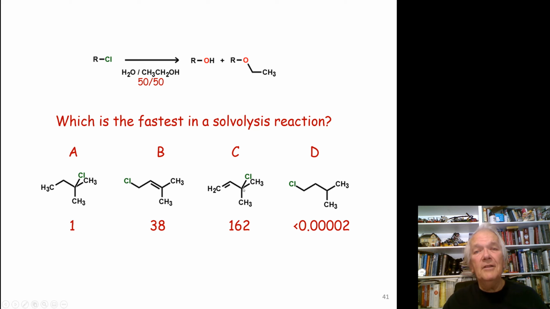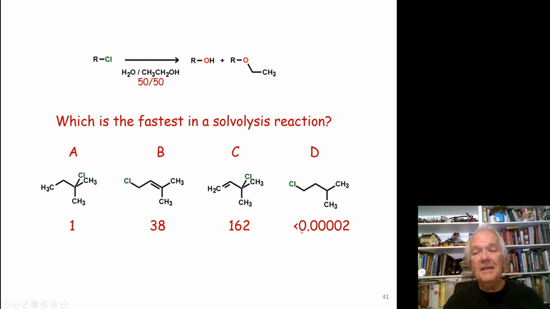So this carbon is all set to do solvolysis. It's tertiary, but it's also allylic. And so if you look at it, it's 162 times faster than simple tertiary. The interesting thing is this one over here, which is primary but allylic, is 38 times faster than tertiary. And the pure primary one doesn't react at all.